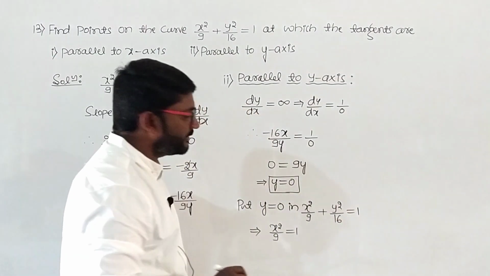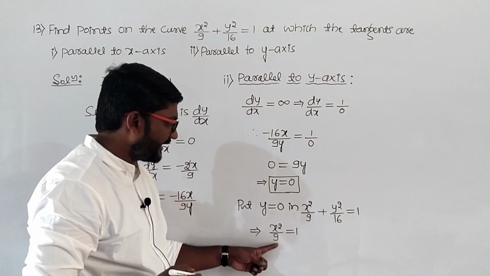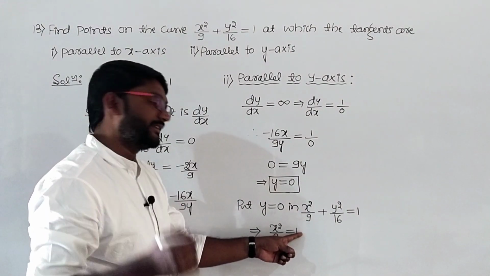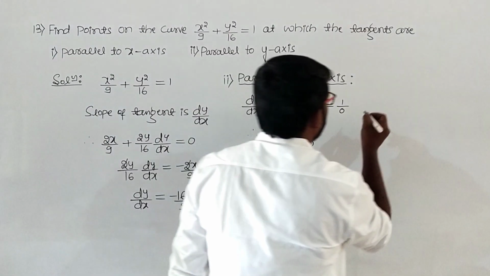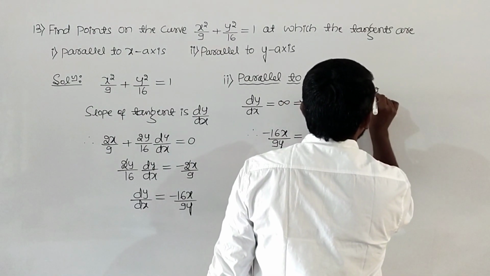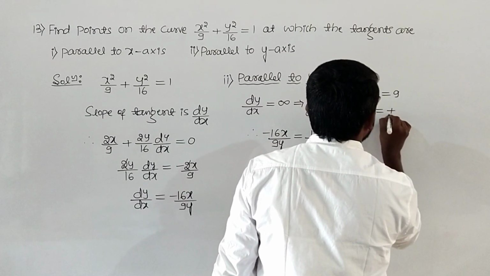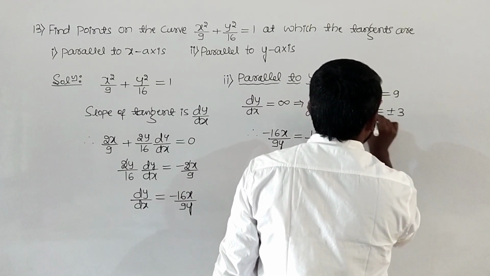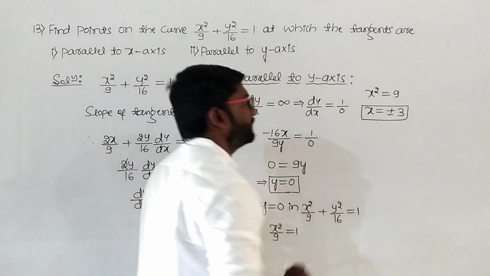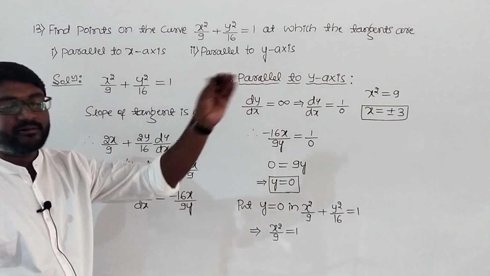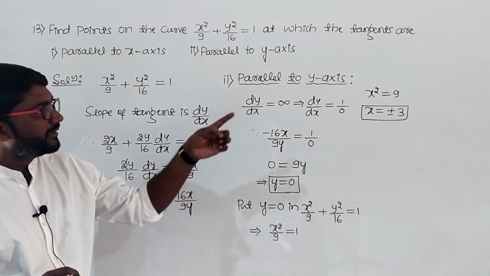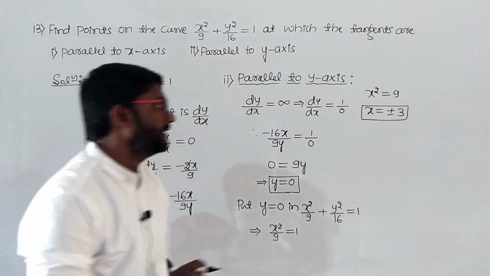What is the value of x now? It is plus or minus 3, because 9 goes to the right hand side, it will be multiplied with 1. So overall x square equal to 9, and then x is equal to plus or minus 3. So overall the required points are 3 comma 0 and minus 3 comma 0.